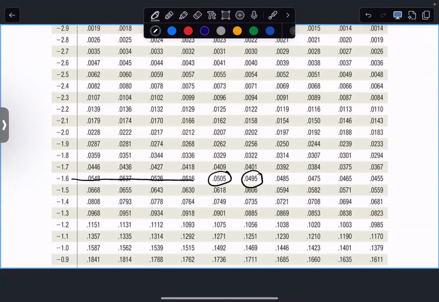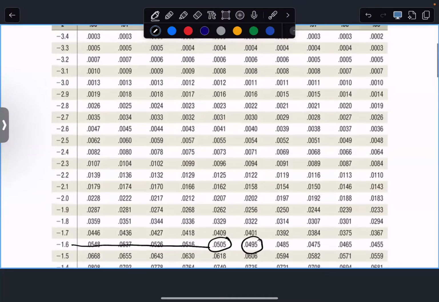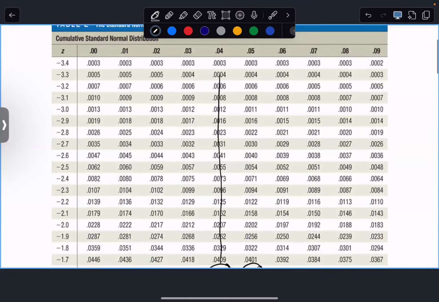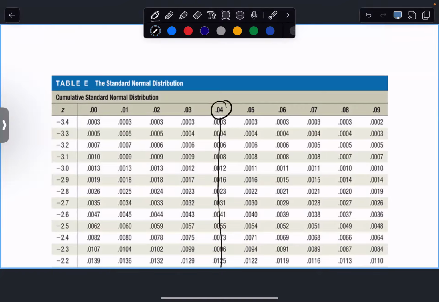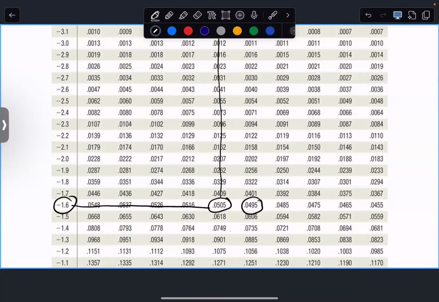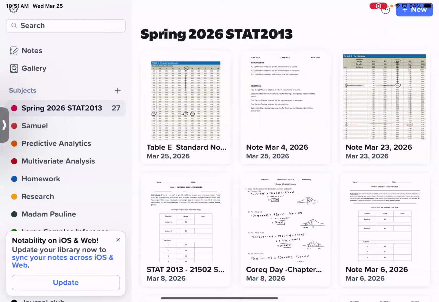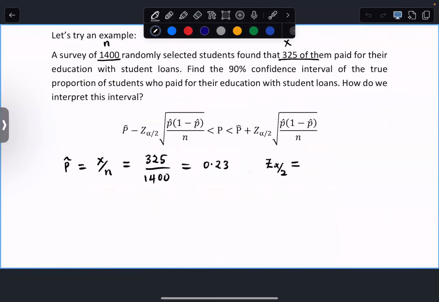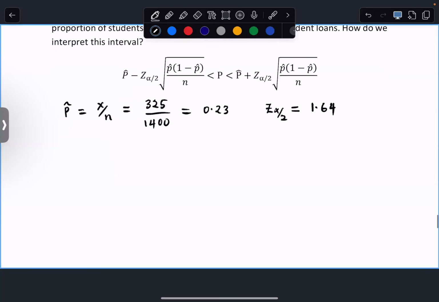If I choose the first one, I'll get 1.64. So z is 1.64.